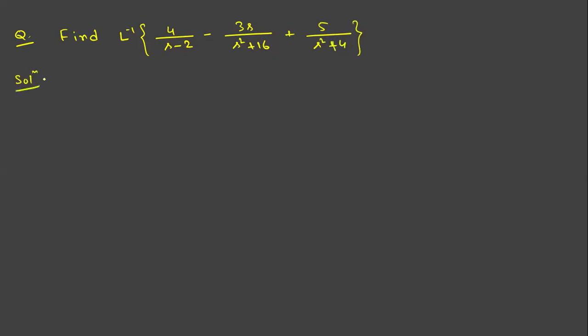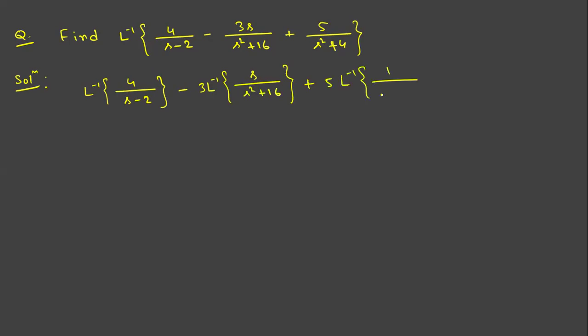Solution. Laplace and Laplace inverse always satisfy the linear property, so you can break this full expression. Laplace inverse of 4 by s minus 2, minus 3 is out, Laplace inverse of s by s square plus 16, plus 5 is out, Laplace inverse of 1 by s square plus 4.